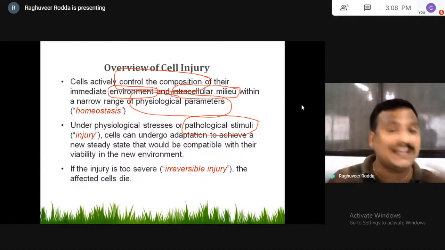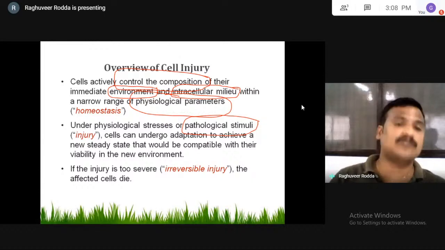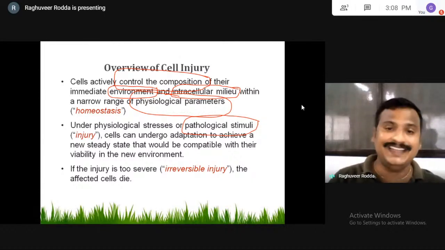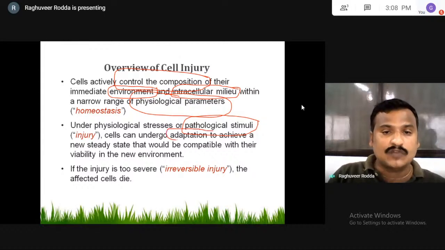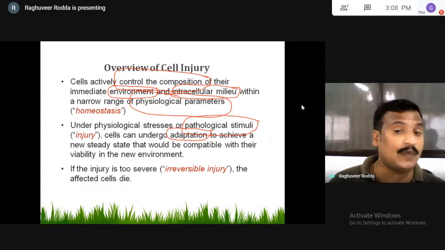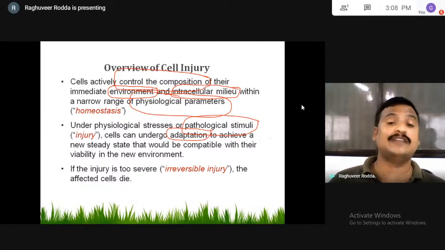When the cell encounters such problems, immediately the cell is going to undergo some changes called adaptations, because the cell is very important.